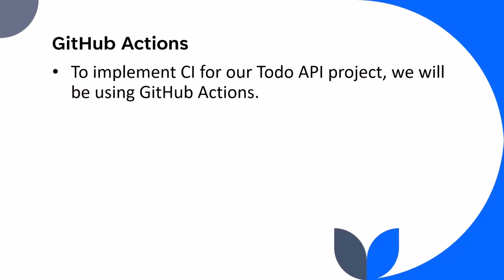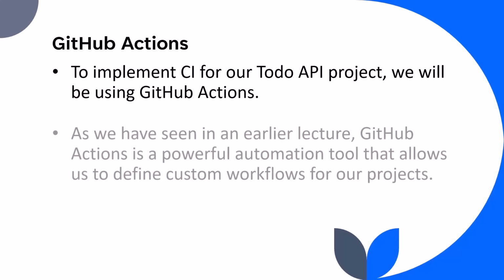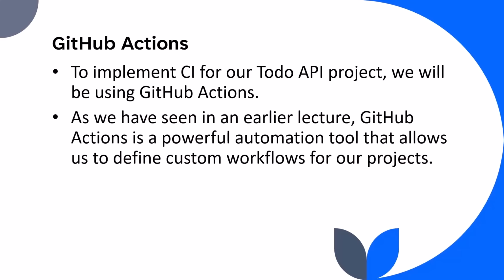To implement CI for our To-Do API project, we will be using GitHub Actions. As we have seen in an earlier lecture, GitHub Actions is a powerful automation tool that allows us to define custom workflows for our projects.